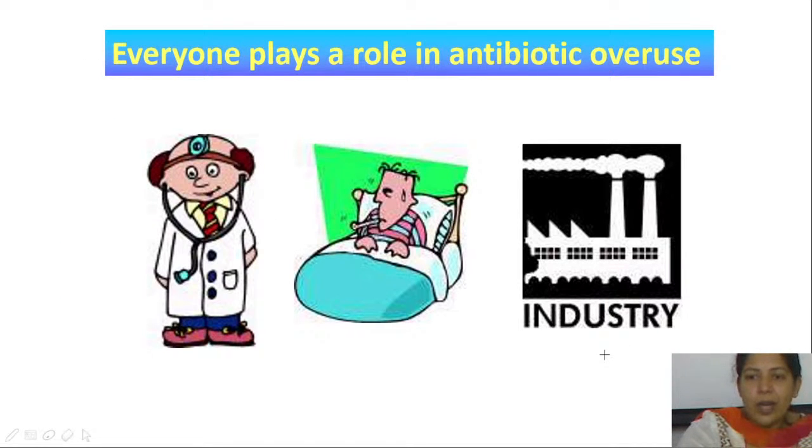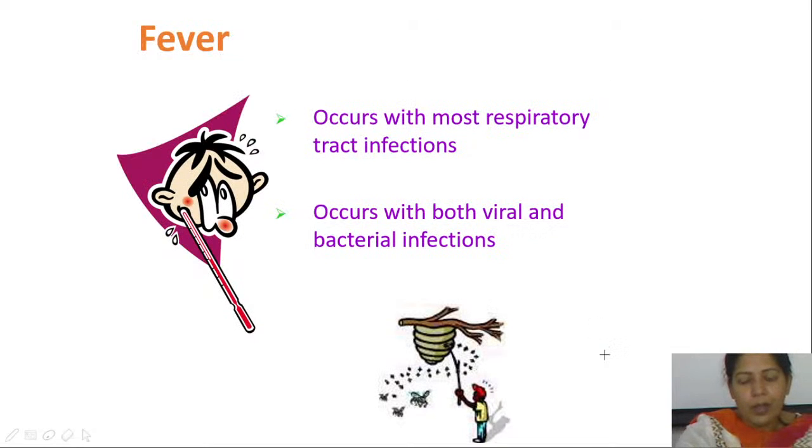Everyone plays a role in antibiotic overuse: the doctor, the patient, and the pharmaceutical industry. So it is a combined irresponsibility, or rather, it needs to be combined responsibility. Whenever there is fever, we tend to take paracetamol as well as antimicrobials.